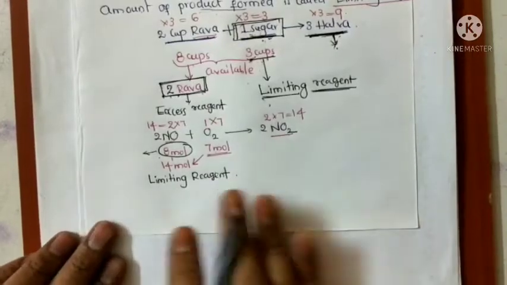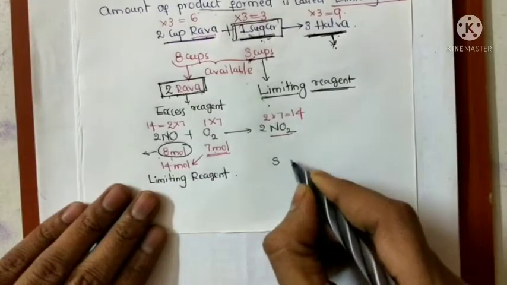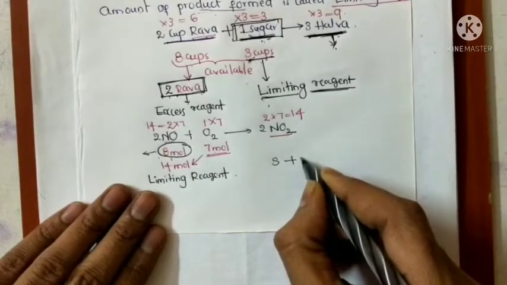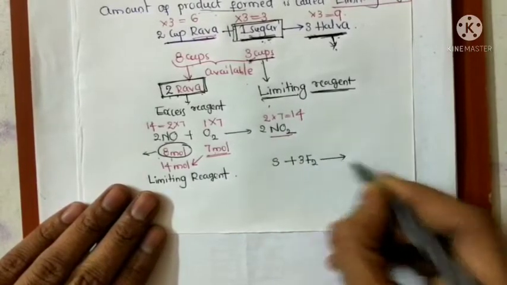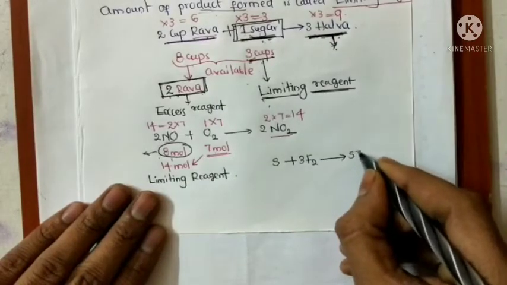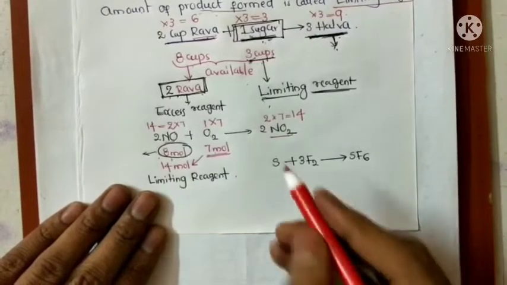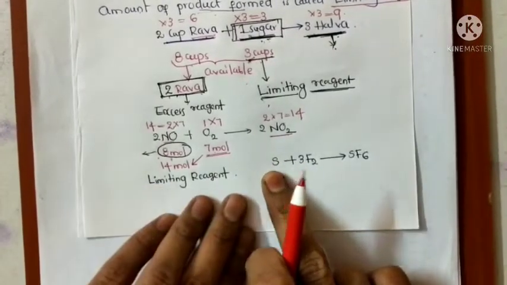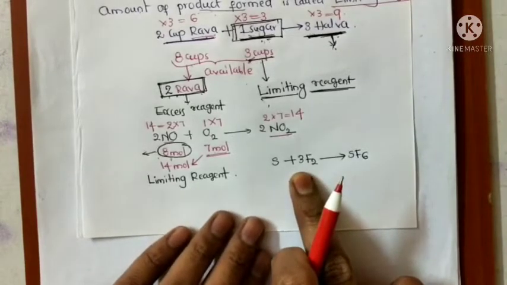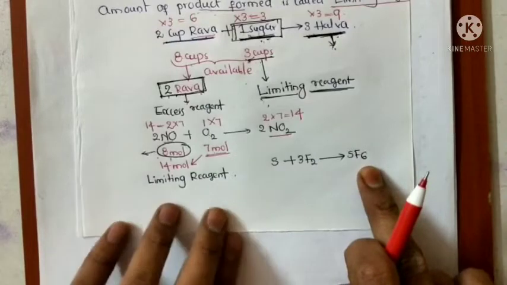Okay, next one: sulfur is reacted with 3 moles of fluorine molecule to form sulfur hexafluoride. According to the coefficients, 1 mole of sulfur reacts with 3 moles of fluorine to form 1 mole of sulfur hexafluoride.